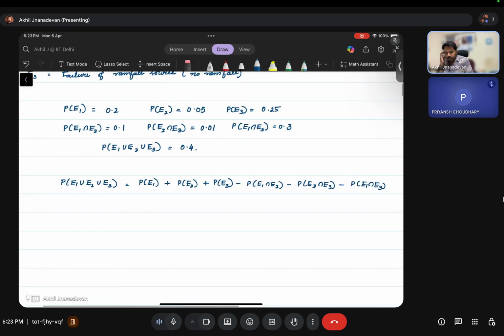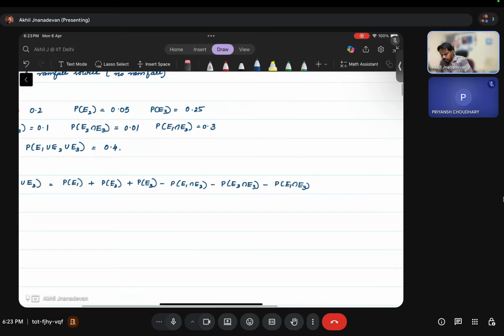And while we subtract the intersections, we subtract the intersection of all three twice, so we need to add P of E1 intersection E2 intersection E3.